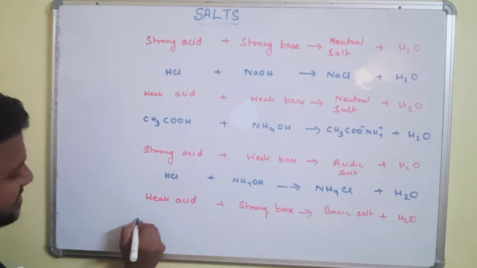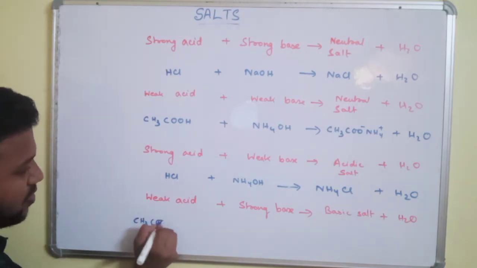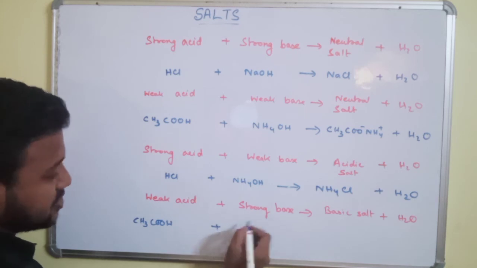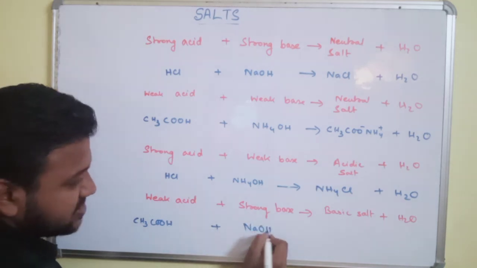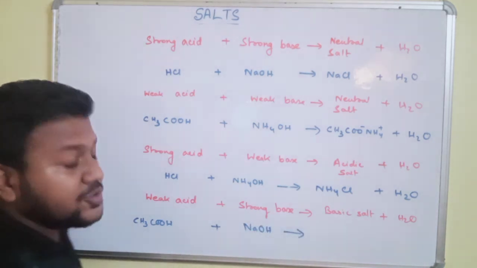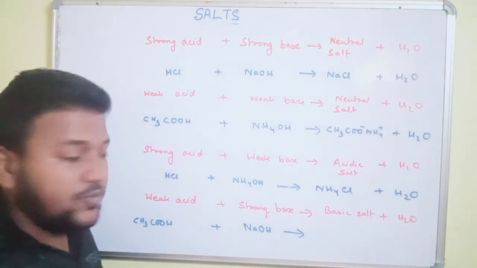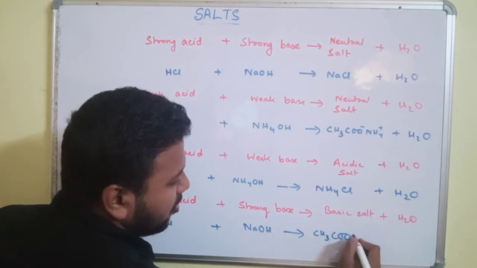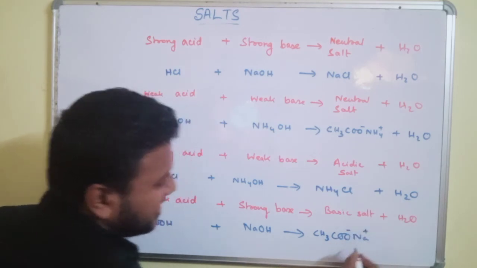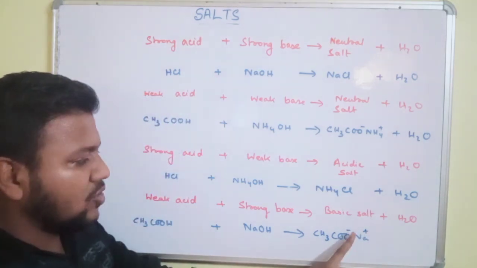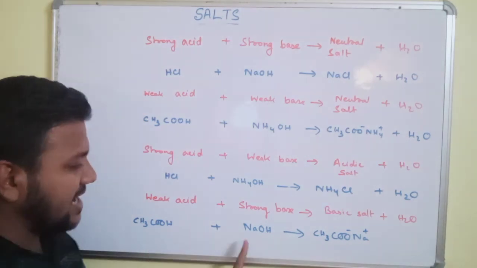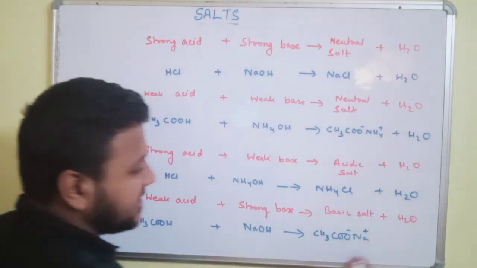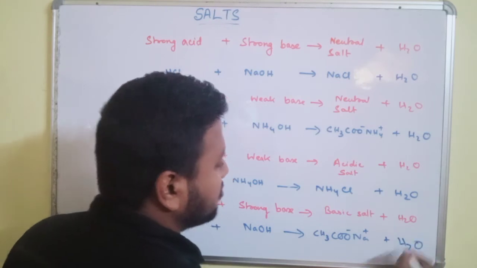A weak acid, CH3COOH, when it reacts with a strong base NaOH, leads to the formation of sodium acetate salt, which is a basic salt, CH3COONa. We can write here the negative and the positive signs. COO minus comes from the acid, and Na plus comes from the base, leading to the formation of H2O.